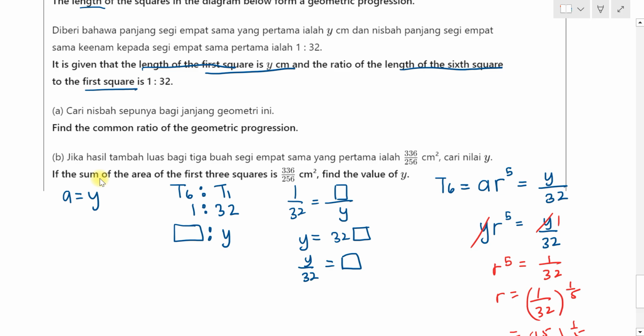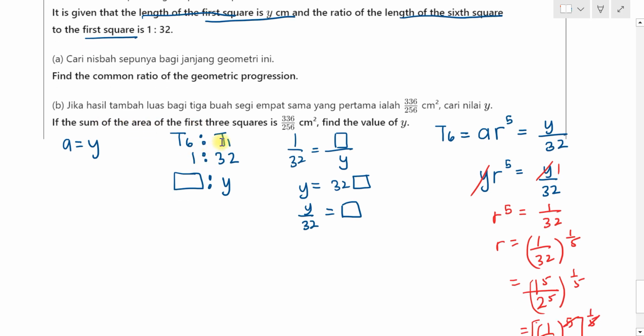Question B. Find the sum of the area of the first 3 squares. Sorry, if the sum of the area for the first 3 squares is this much, find the value of y.